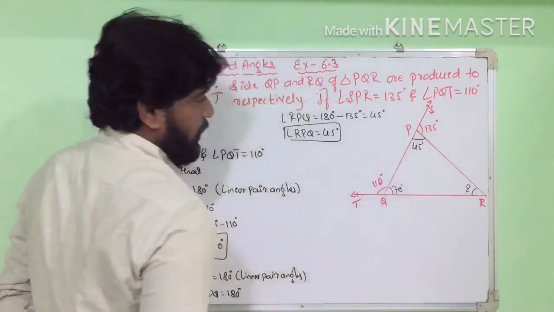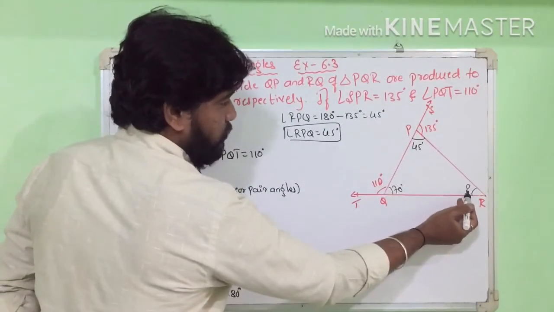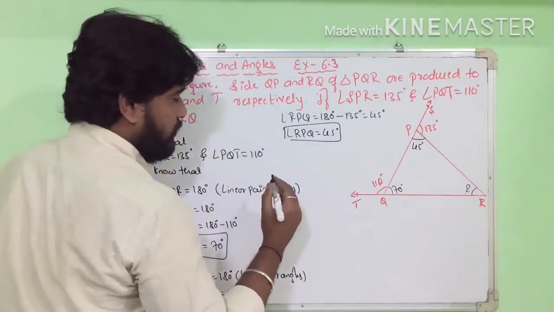And using the angle sum property of a triangle, two angles we know, so find out the third angle, right?